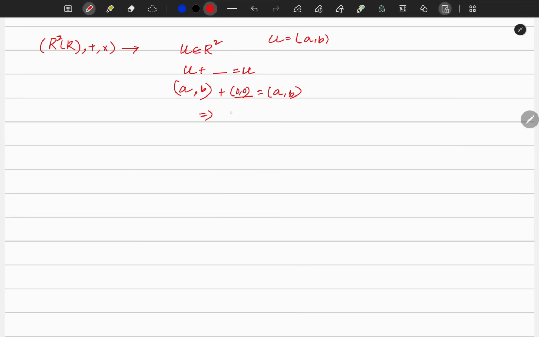So it means that 0 comma 0, which is from the R2, is the additive identity.